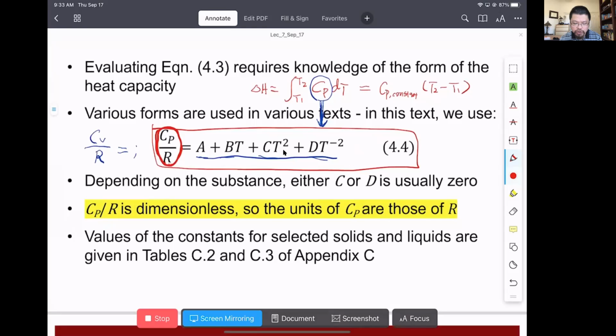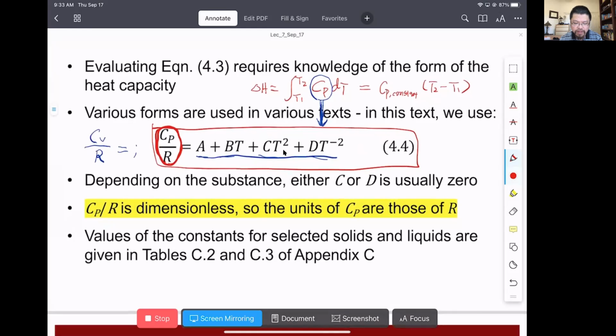So when we look at these new equations, the first thing that comes to mind is let's take a look at the units. This is why I want to quickly look at the unit analysis, especially for this A term. A does not depend on temperature. A is just a constant, a dimensionless value.